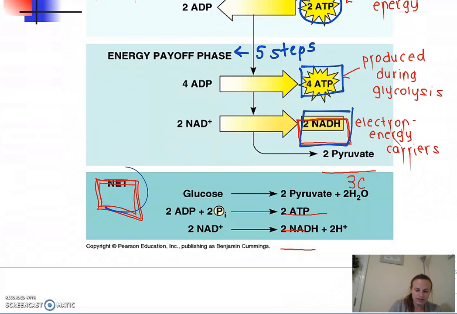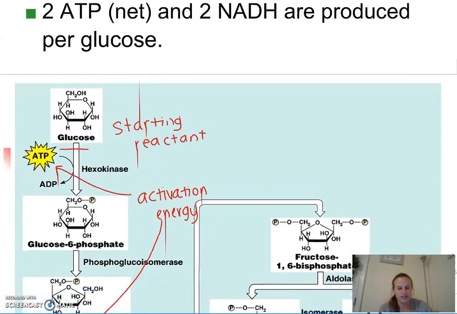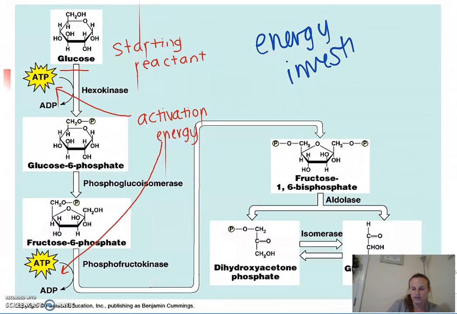So our net totals, we end up with 2 pyruvates, 2 3-carbon sugars. We end up with 2 ATPs, and we end up with 2 NADHs. So now let's look at the specific steps involved in glycolysis. Here is the energy investment phase, and this involves 4 steps.